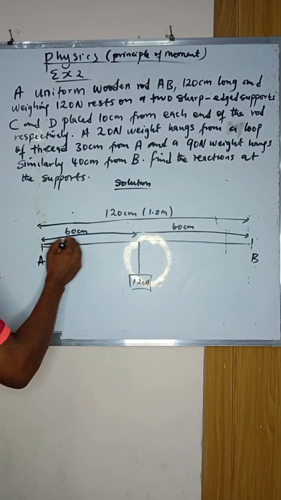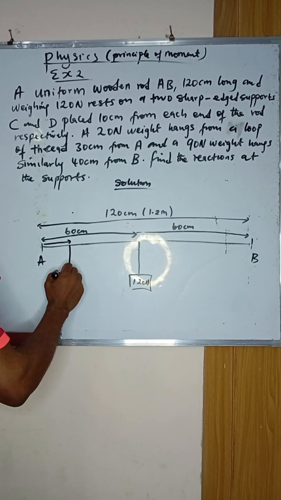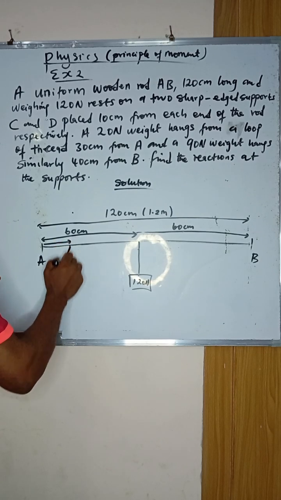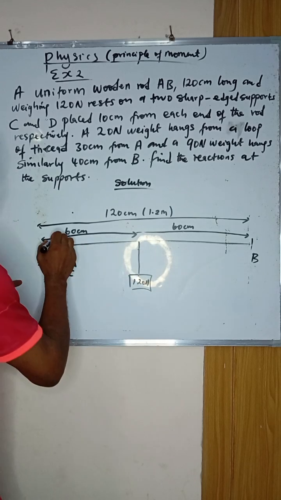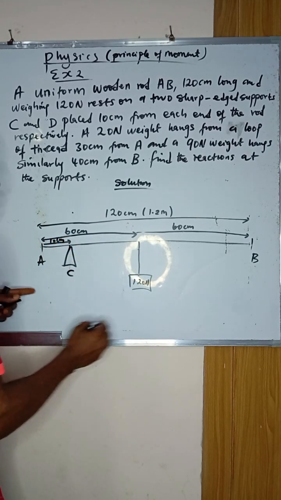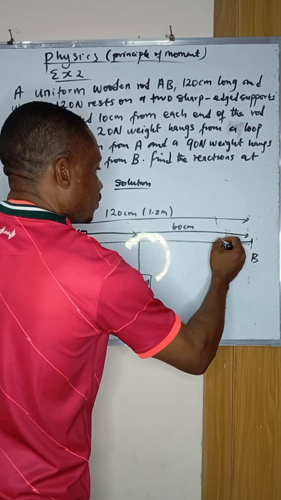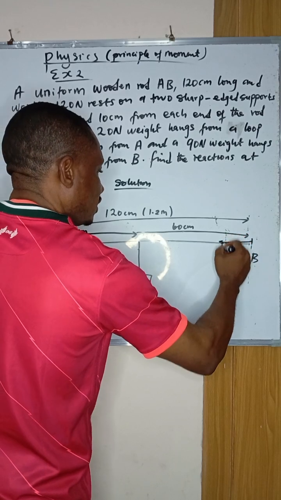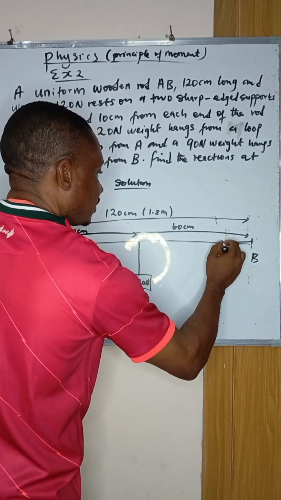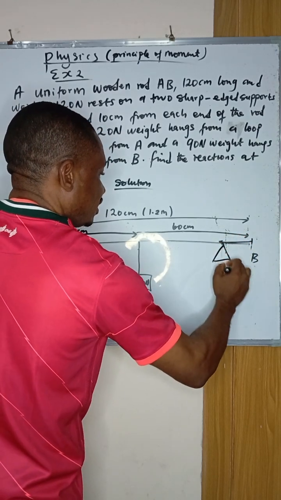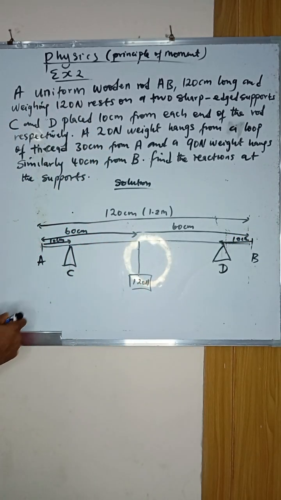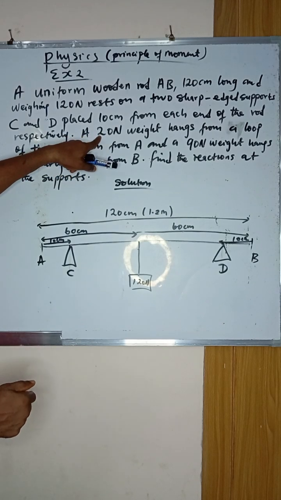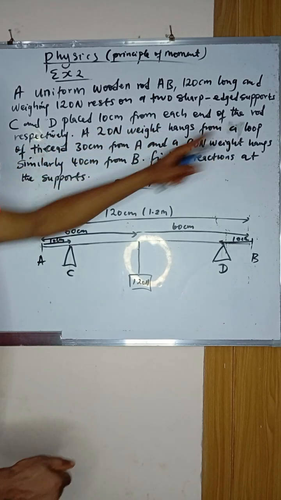Let's call this support, sharp edge C, here is 10 centimeter. And let's call this one another sharp support D, here is 10 centimeter.